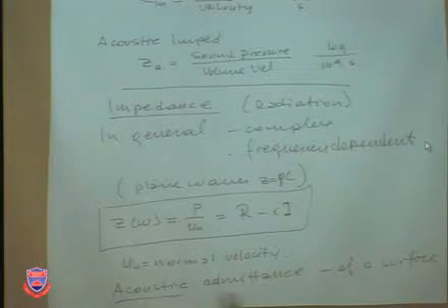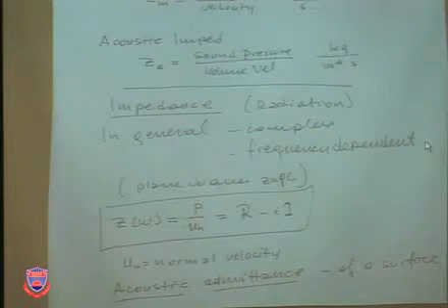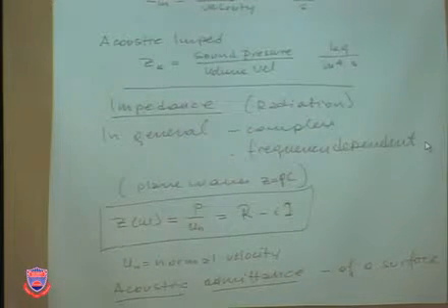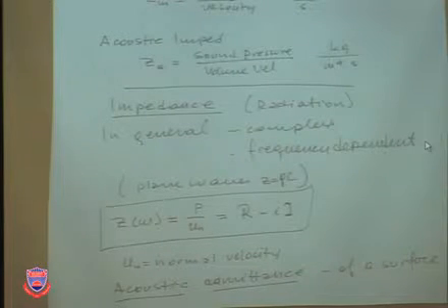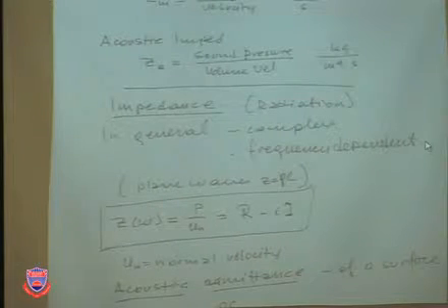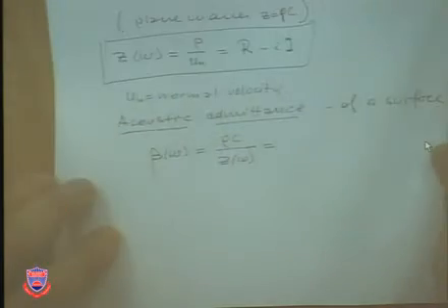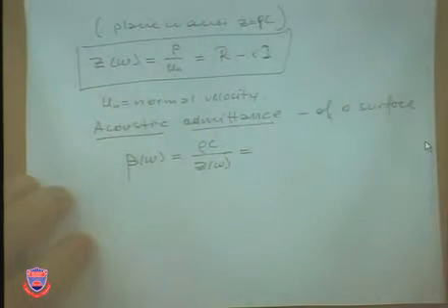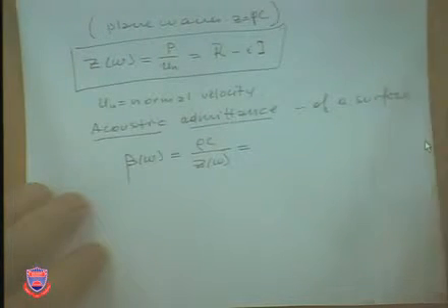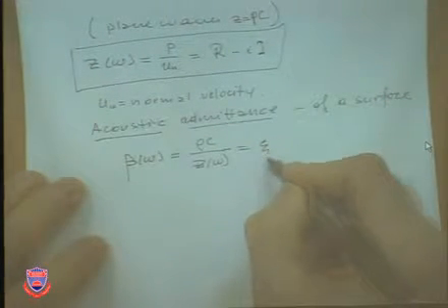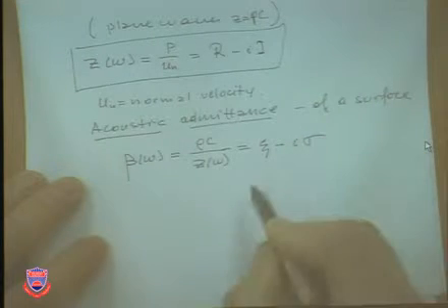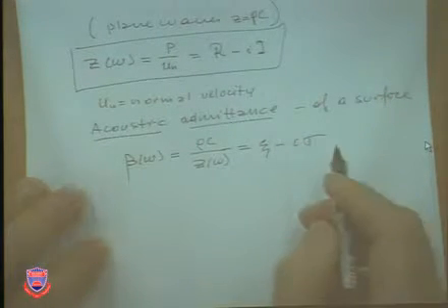Acoustic admittance, that we define as beta, a frequency-dependent number that's the inverse of the normalized impedance. Let me put it up here. And it has a real part and an imaginary part.